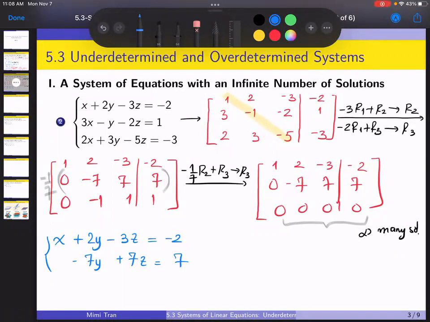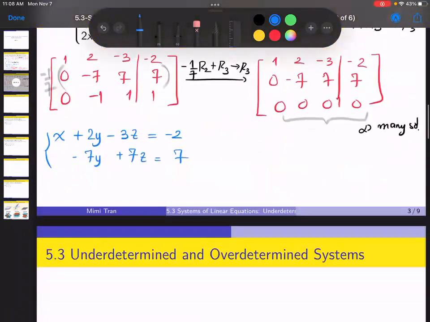Can I simplify this one just to make it easy? Yeah, by 7. So x plus 2y, let's rewrite this. And then divided by -7, so I don't have a -y. Positive y minus z equals -1.